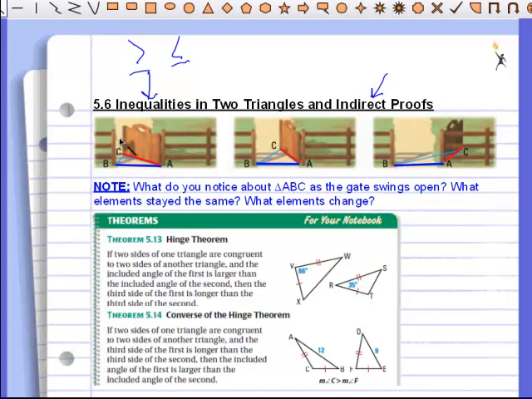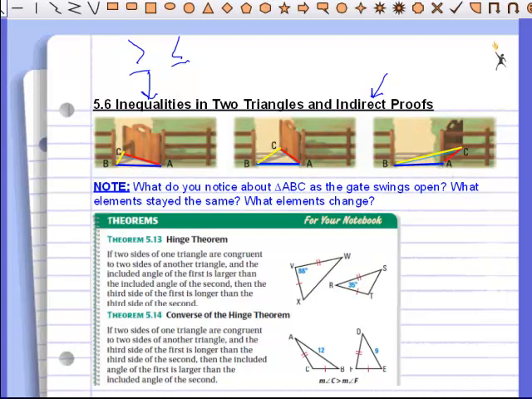So the width of the gate stayed the same, and the width of the door stayed the same, but you will notice that the distance from the door to the post, or the amount that the door is open, changed significantly. It changed each time. AB didn't change, AC didn't change, but BC changed 3 times.